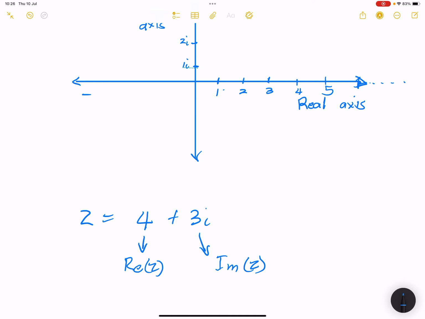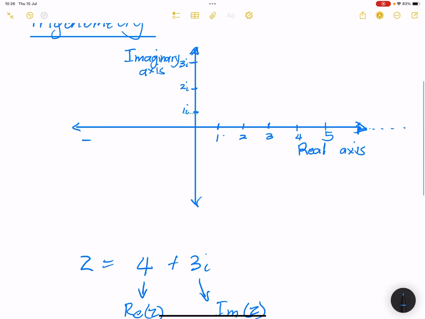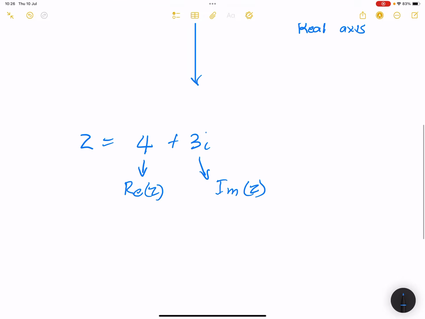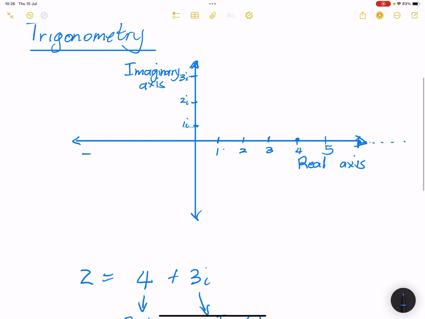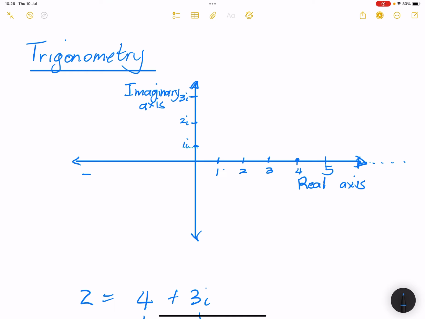On the real axis, you're looking at the number 4. On the y-axis, which is your imaginary axis, you are going 3 units up. Where they converge represents our complex number. So this is 4 real units, and these are 3 imaginary units.